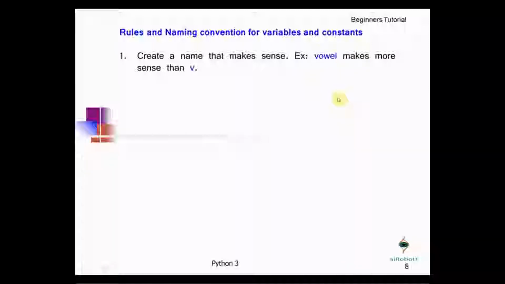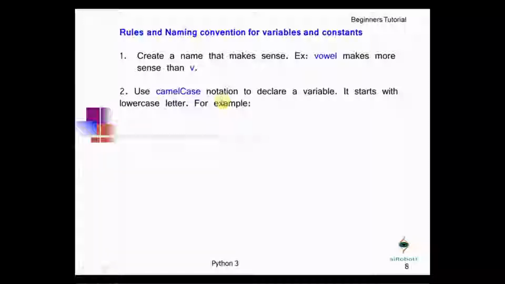Then you will easily recognize what output the program is going to give. If you come back after a long gap of time, you will easily understand what the variable vowel is, but you cannot understand what v is. So the variable name must make sense.